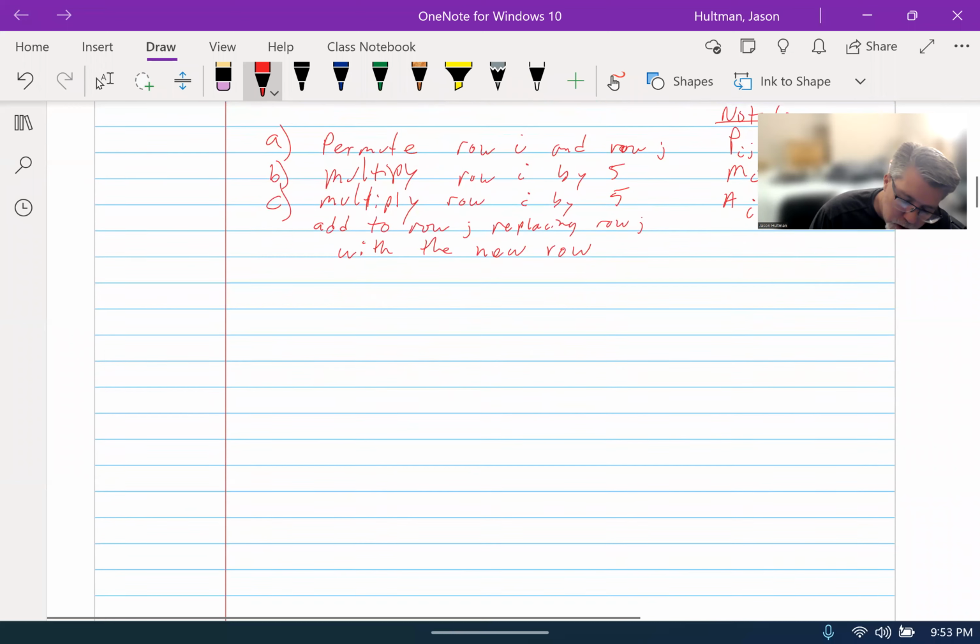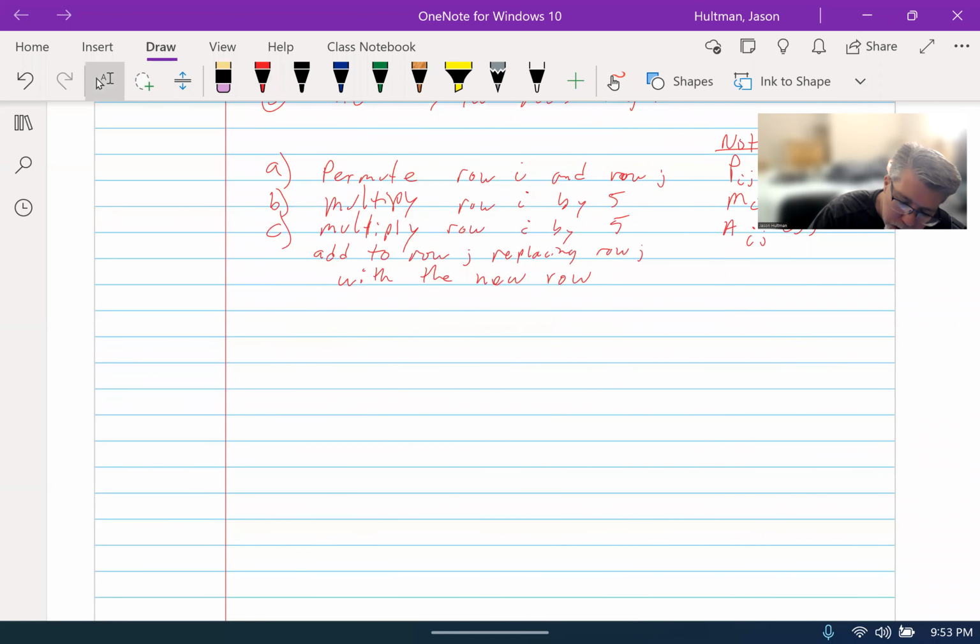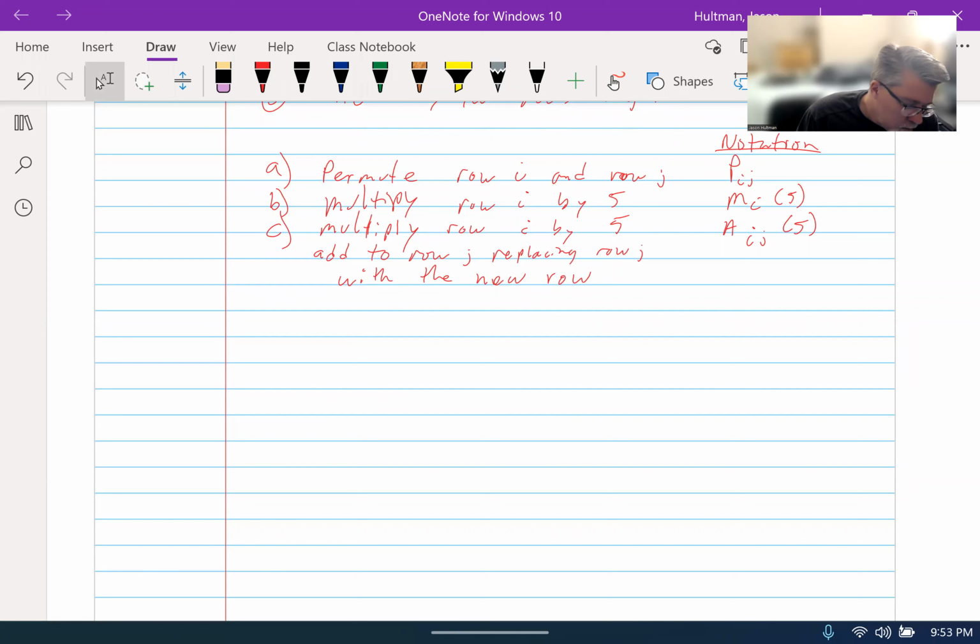Okay, with these elementary row operations, we can then take a matrix and put it into row echelon form. So let's look at that.